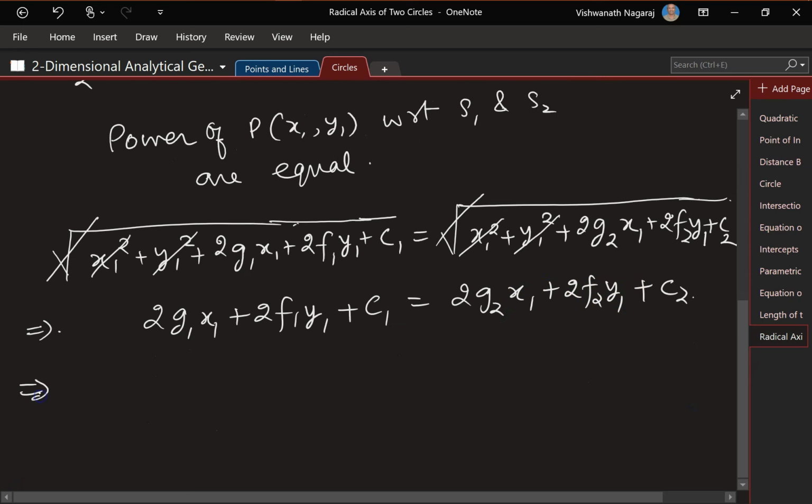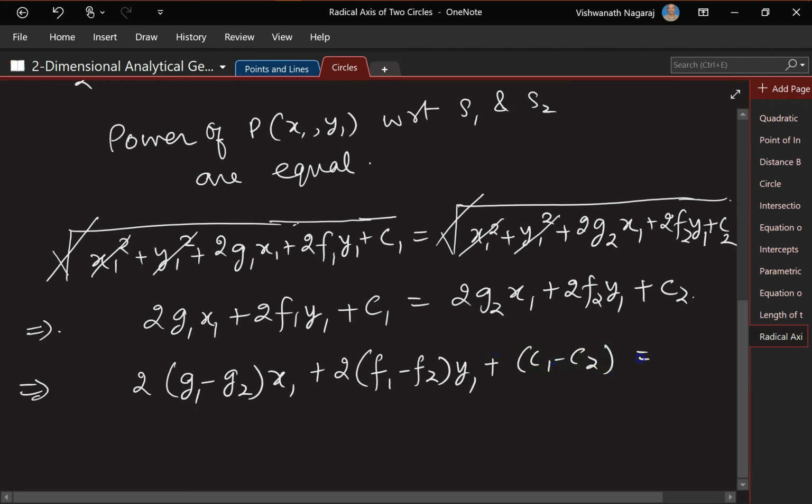Let's bring it to this side. So 2(g1 minus g2)x1 plus 2(f1 minus f2)y1 plus c1 minus c2 equal to 0.